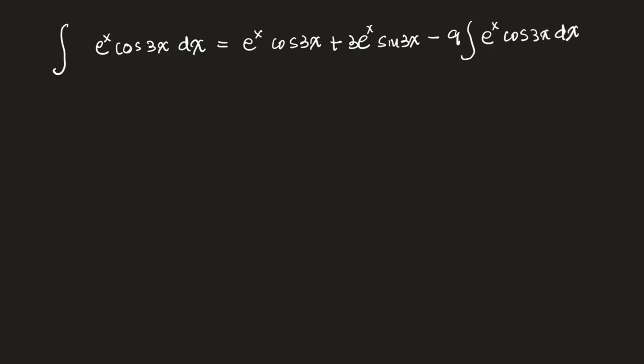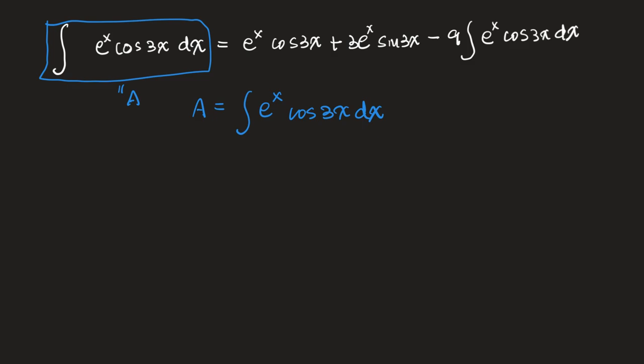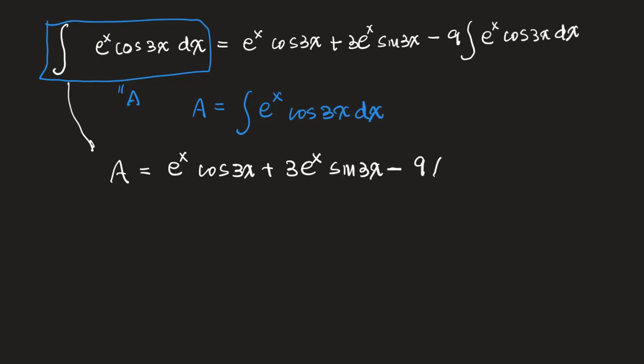Now let's find integral e to the x cosine 3x dx. So let's call this part a. So a gonna be integral e to the x cosine 3x dx. That's what we're gonna find. So this equation gonna be changed: a equals e to the x cosine 3x plus 3e to the x sine 3x minus 9a.